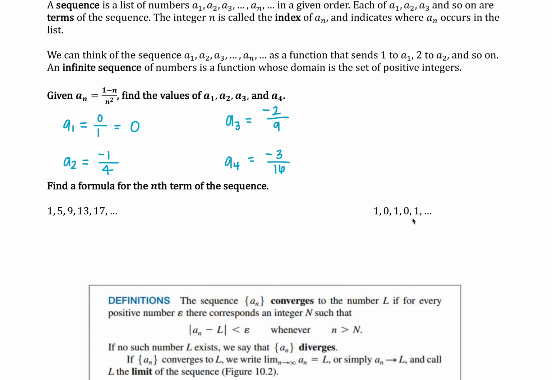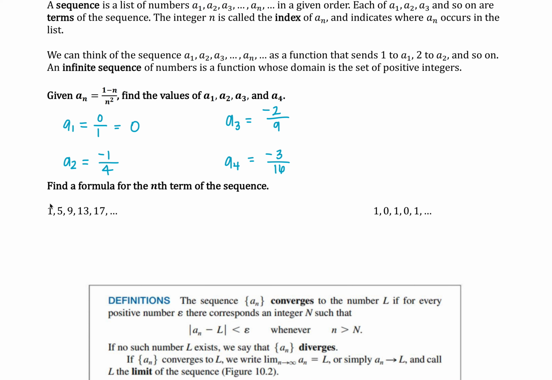The first one, we get 1, 5, 9, 13, 17, and you can see the pattern here. Each time they're increasing by 4. This is actually a very linear sequence here, and to find the formula for it, in this case at least, you could think of it as finding the equation of a straight line.